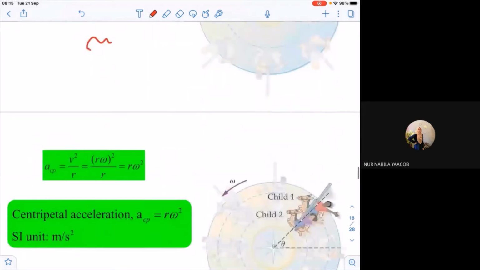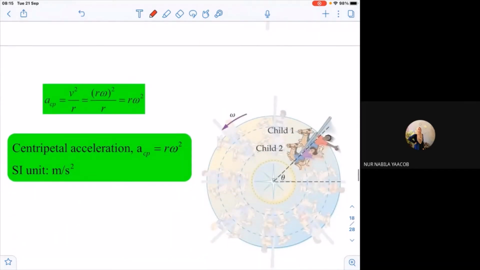If we want to go a bit more in depth, before this we learned about centripetal force. For those who can't remember, centripetal force is based on Newton's second law, which is FCP, the centripetal force, equal to mass times the centripetal acceleration.